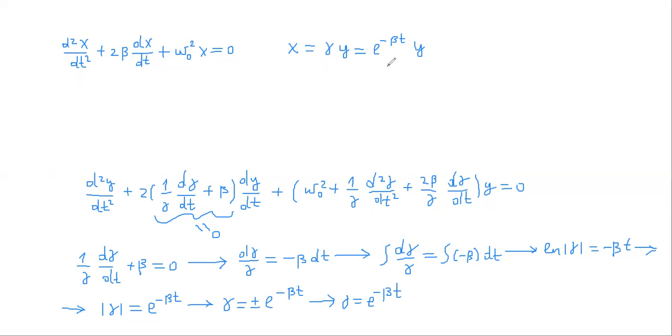After this substitution, we have the differential equation d2y divided by dt2 plus open bracket omega 0 to the power of 2 plus 1 divided by gamma d2gamma by dt2 plus 2 beta divided by gamma dgamma by dt close bracket y is equal to 0.